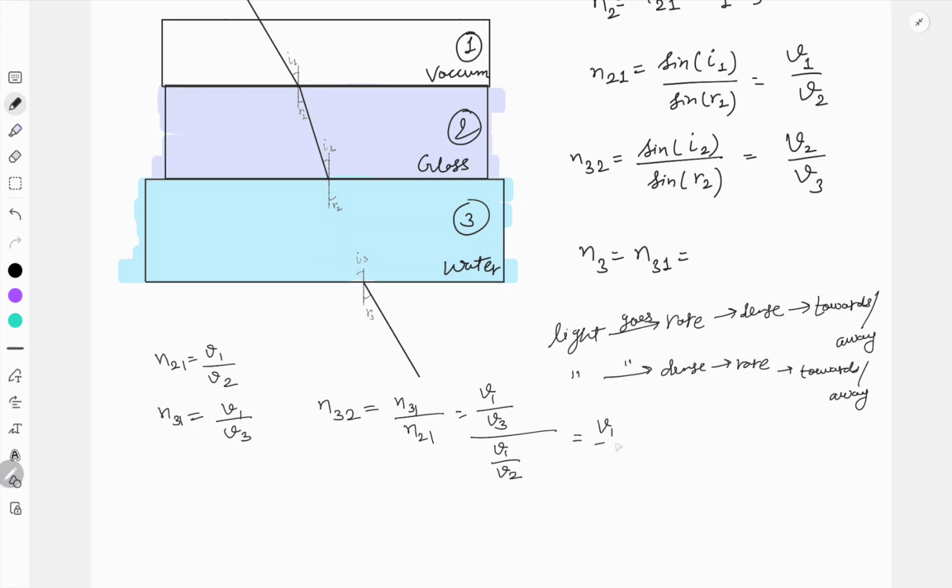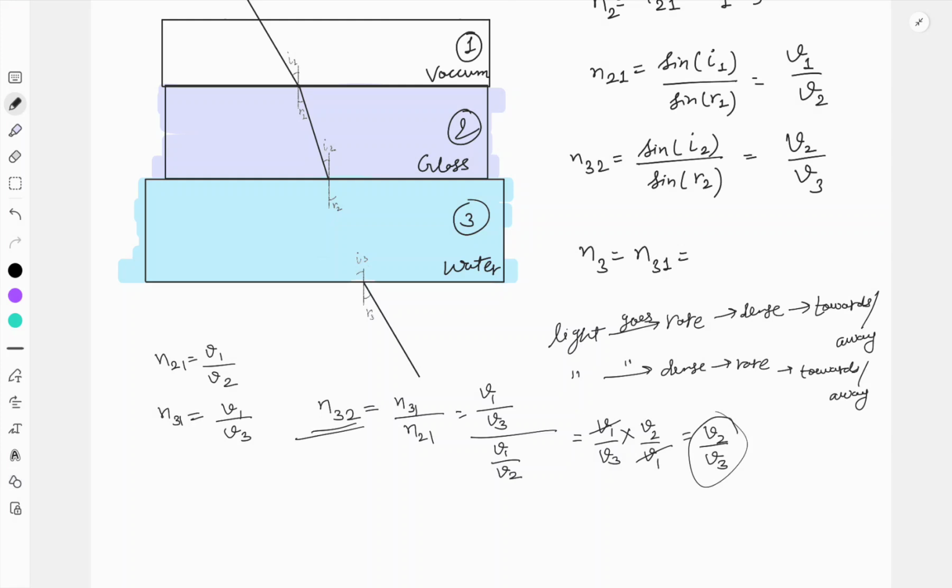Okay, I can write the whole calculation. v1 and v1 will cancel out and we will reach v2 by v3. So just by doing n31 by n21 I can find n32, and you can check because n32 will be defined in this way only. n21 was defined v1 by v2, n31 was defined v1 by v3, so n32 will obviously be defined by v2 by v3, right?